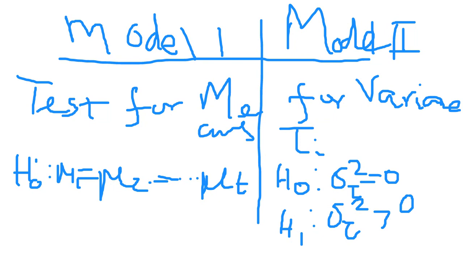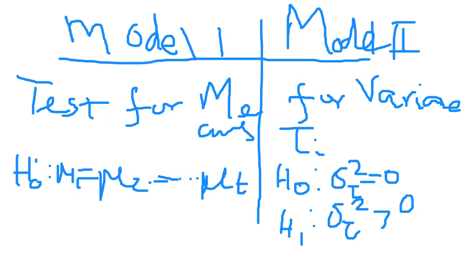I think from your tutorial, you saw something like this, isn't it? Where I said, assume model 1 is appropriate. I think from my tutorial, I wrote something like that.